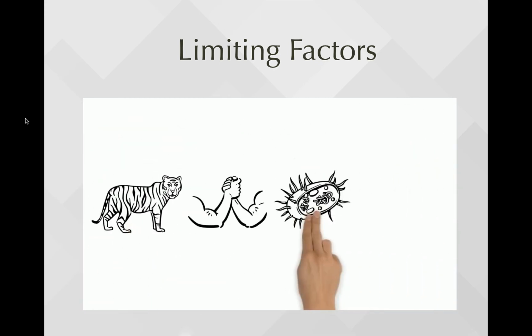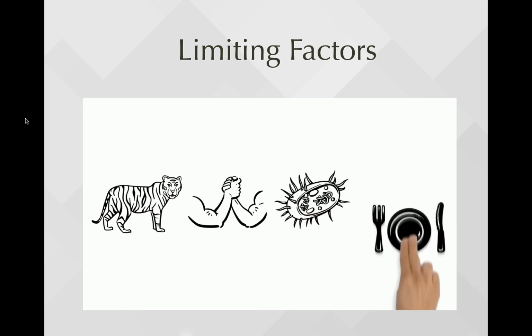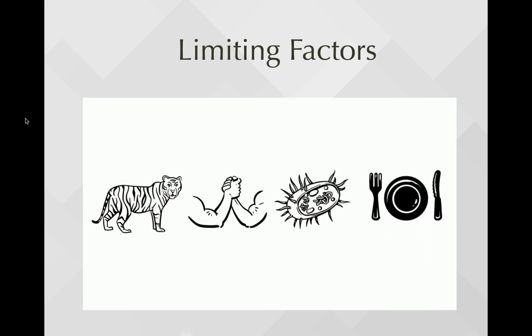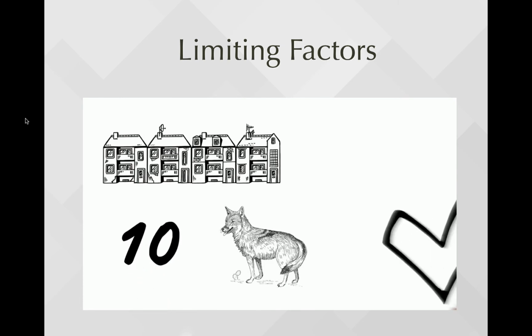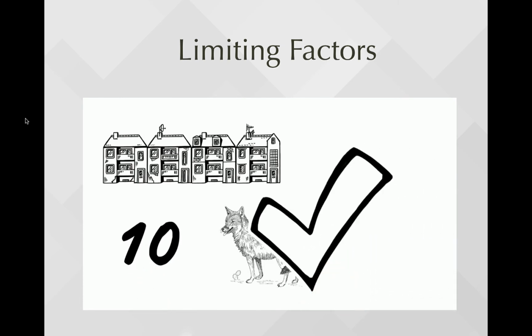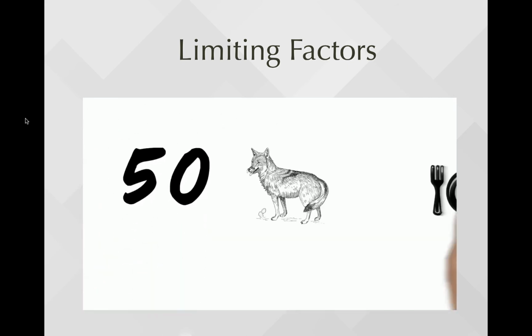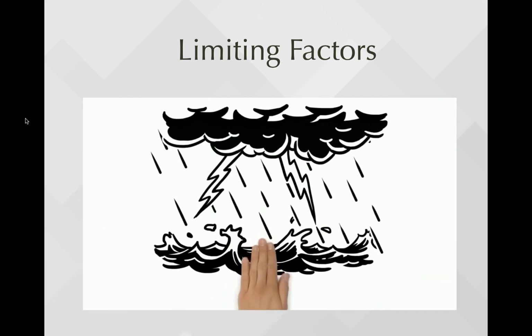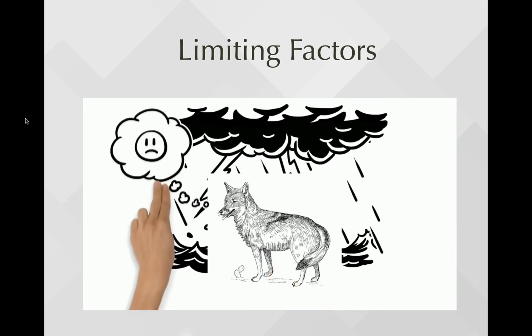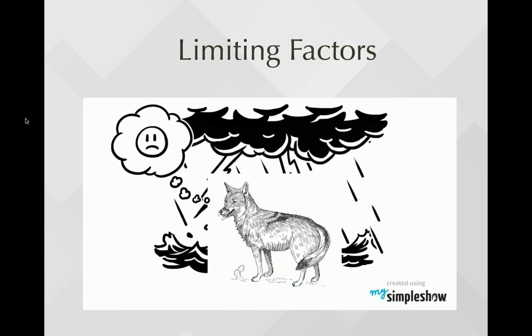Predation, competition, disease, and the amount of available food are all density-dependent limiting factors because the more organisms there are, the more these things become important. If there are only 10 coyotes in your neighborhood, there's probably enough food for them all. But if there are 50 coyotes, there won't be enough food. And if there's a flood, all the coyotes will be affected, no matter if there are 10 or 50.